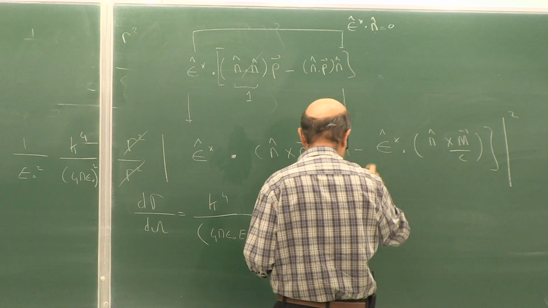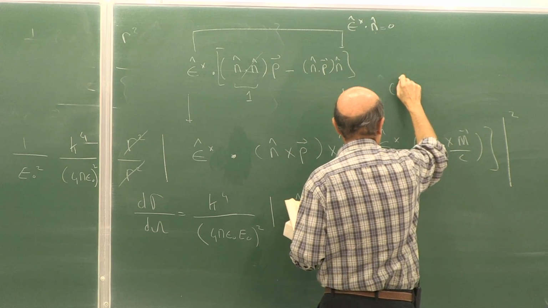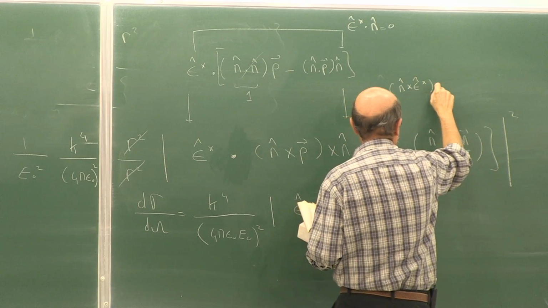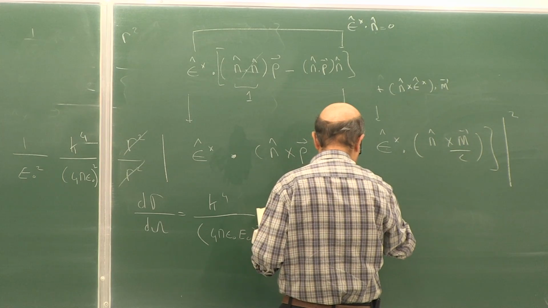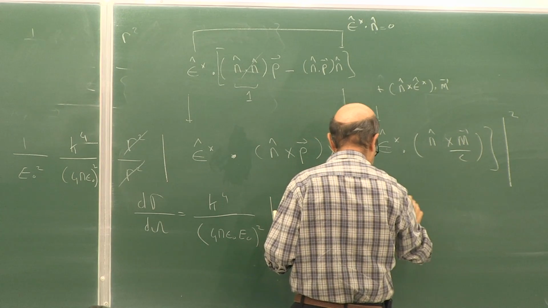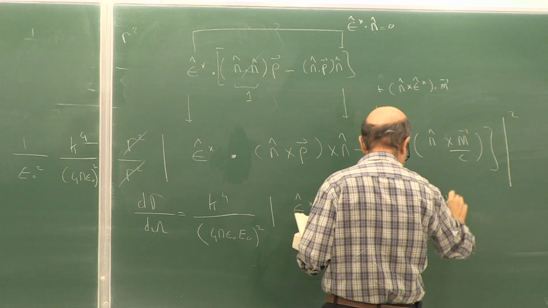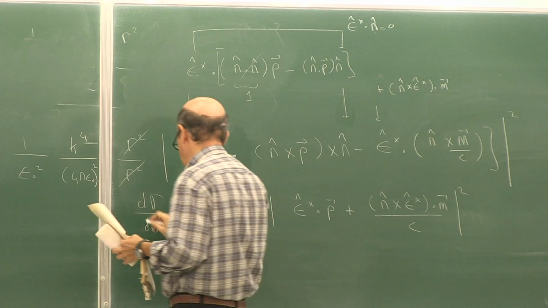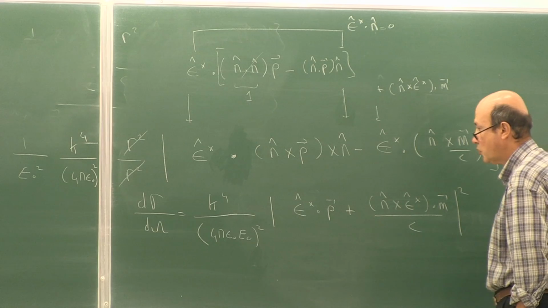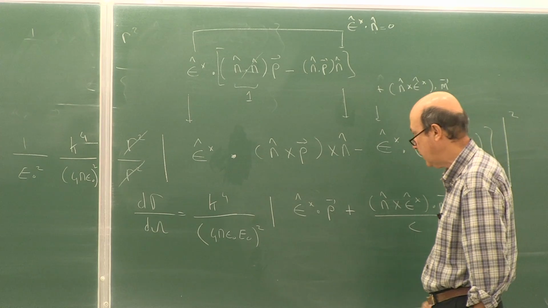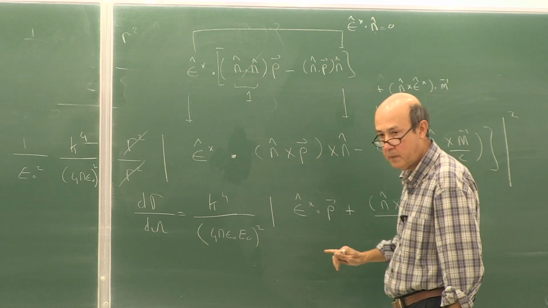So that term takes the positive sign. So you will get n cross epsilon complex conjugate dot m over c, absolute square. So this formula represents the scattering cross section per solid angle, and the sources of the scattering cross section per solid angle are the electric dipole moment and magnetic dipole moment.